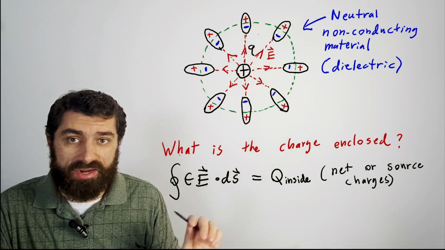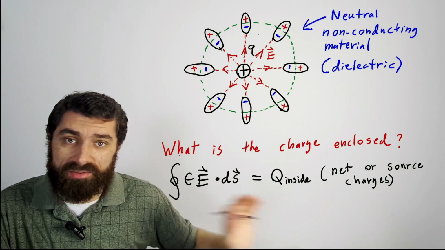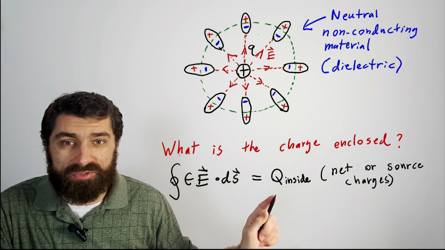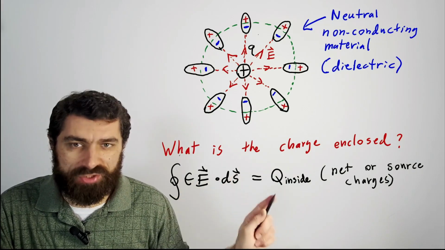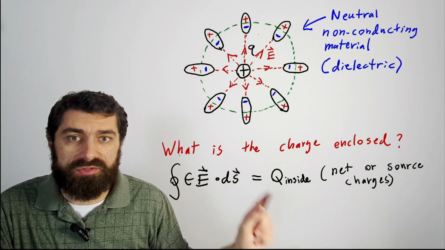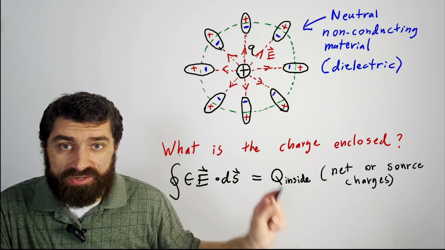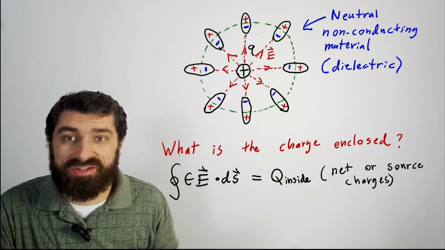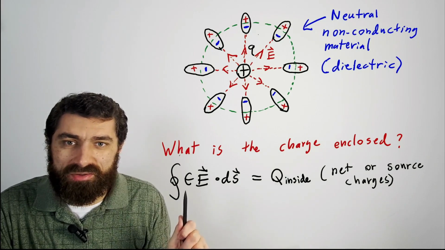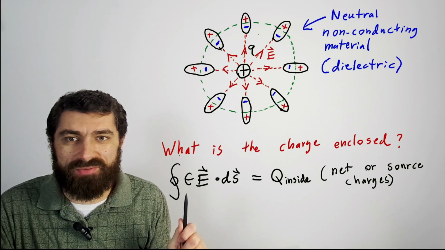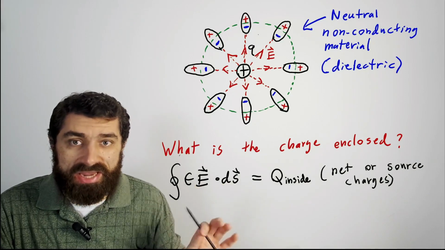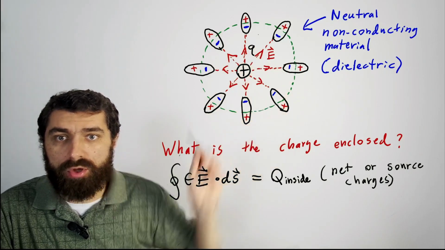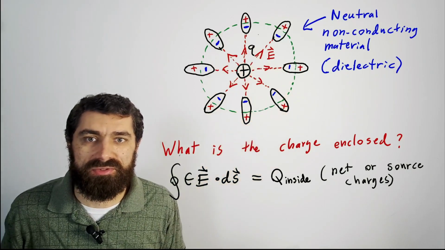But the nice thing is that when we apply Gauss's law, we only have to think about what are the net or excess charges in the Gaussian surface. So in this case, Q inside here is just Q, and that's what you would plug in. As long as you use the right epsilon for the material that it's embedded in, it will automatically take into account this phenomenon involving the polarization of your atoms and molecules.